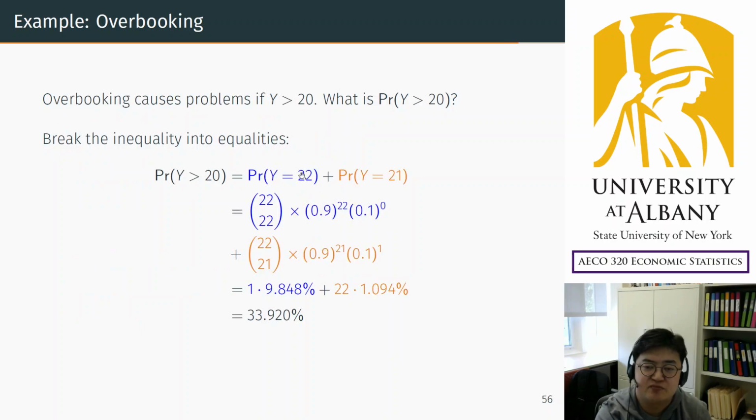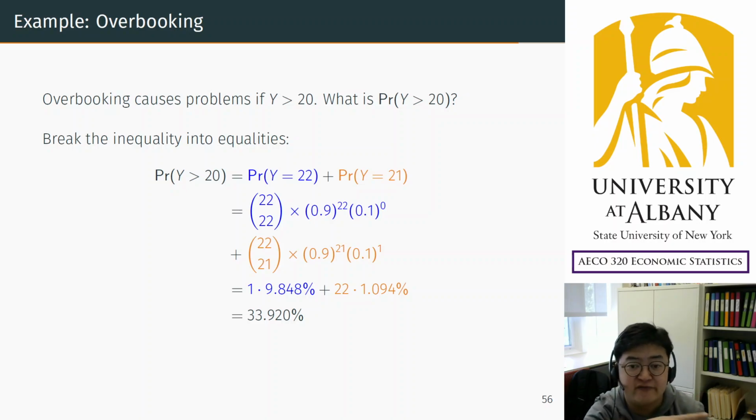Anyhow, this part is equivalent to this probability. And applying the formula to the other outcome, you are going to choose 21 out of 22. 22 choose 21, and success happens 21 times, failure happens 1 time. So this is 1, and this is this. And when you choose 21 out of 22, there are 22 possible cases, because this means there was only one cancellation.